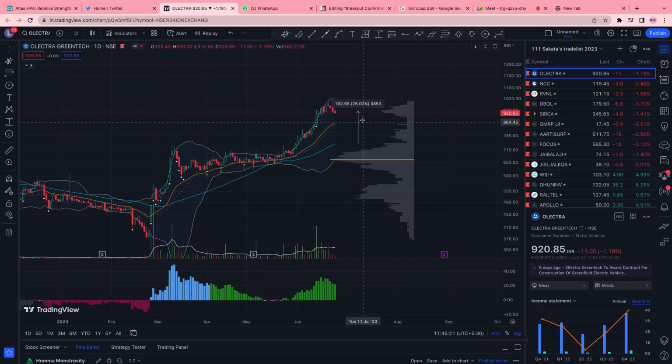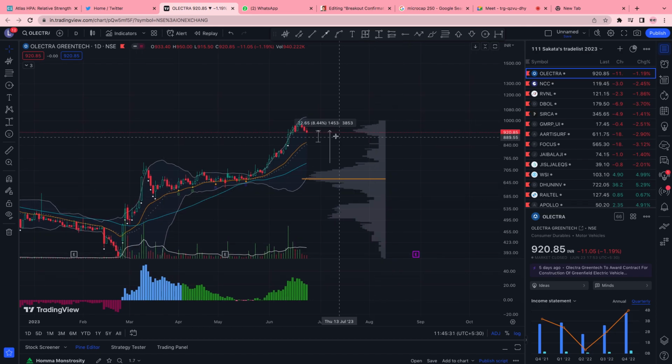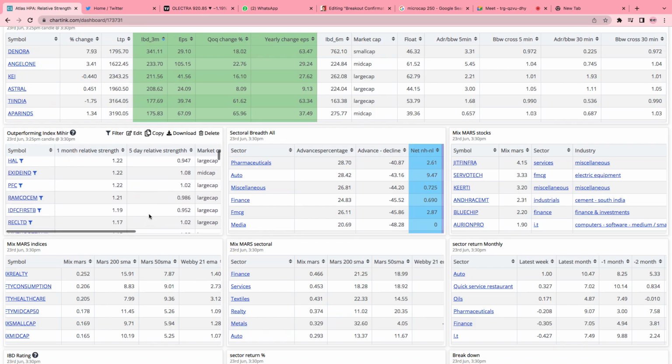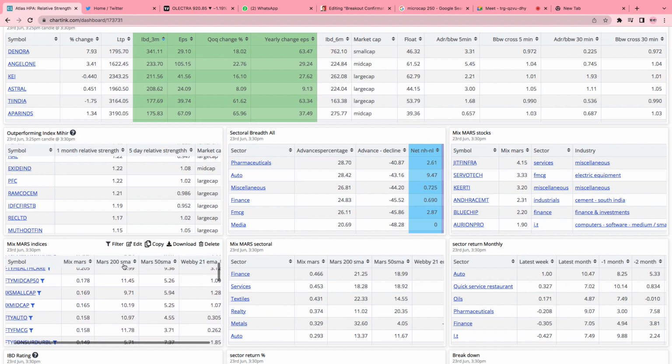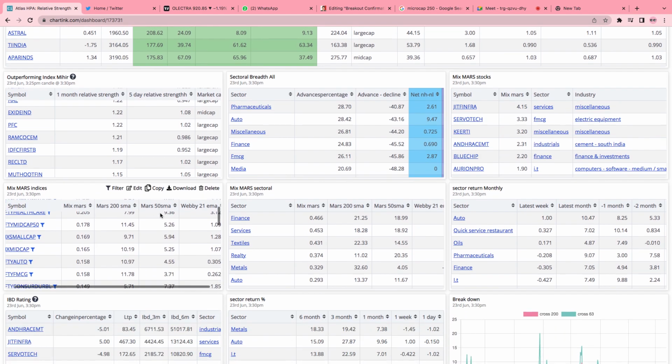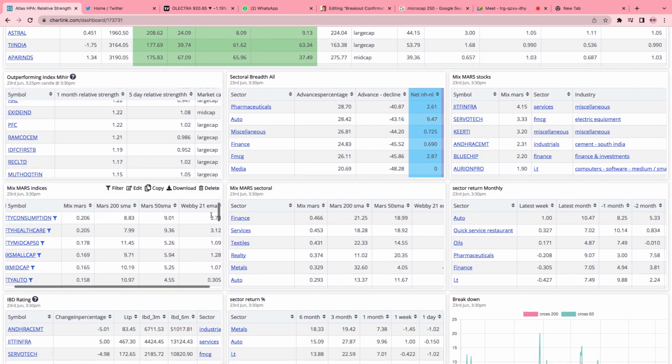Olectra is 26% extended from the 50-day moving average, and like 8% extended from the 21-day moving average. Now you see, the more the extension is, the stronger the stock is, right? The key moving averages people use are 200 for long term performance, 50 for the near term, and 21 for the short term, right?